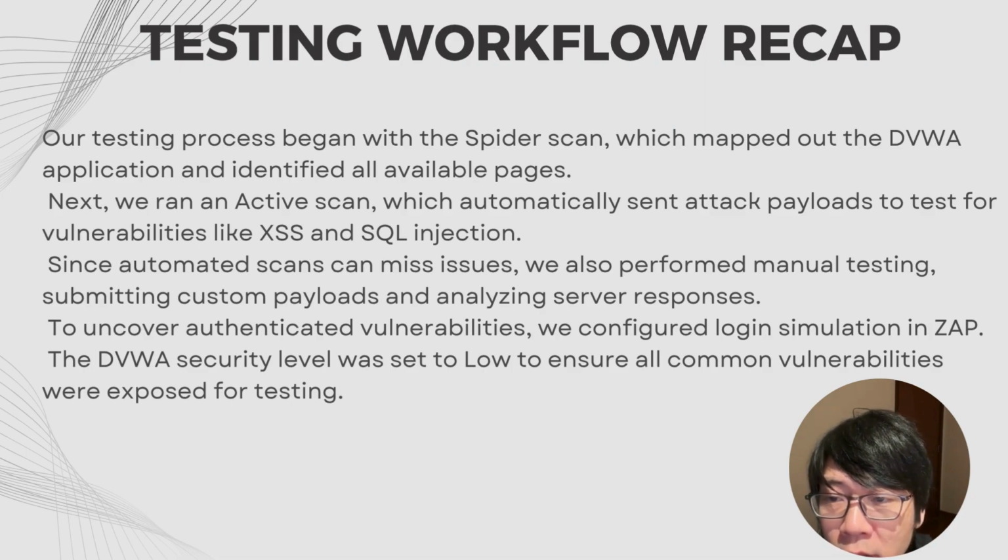We use the active scan to send the attack payloads and test vulnerabilities like XSS and SQL injection. We also set DVWA to low security to make sure all vulnerabilities could be found easily.